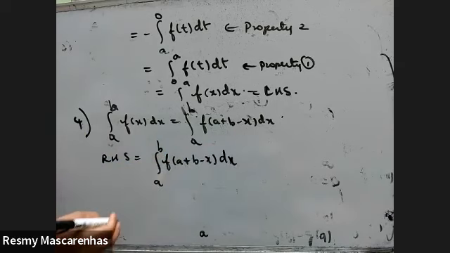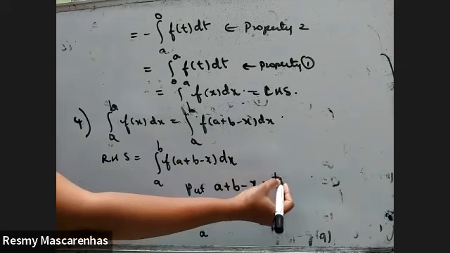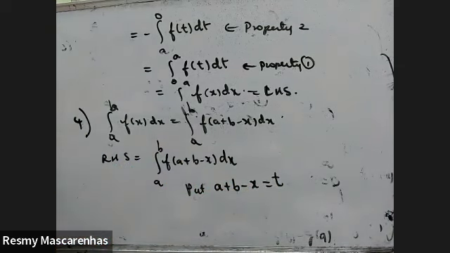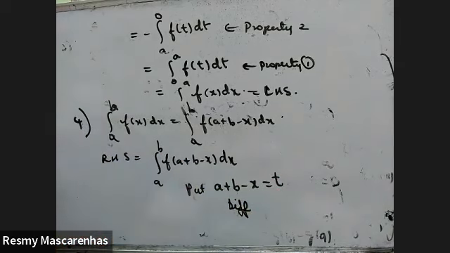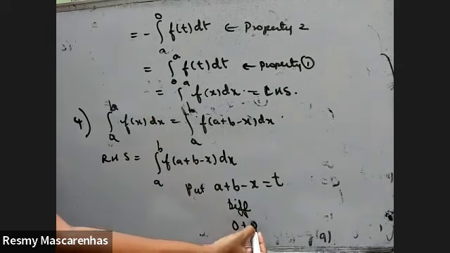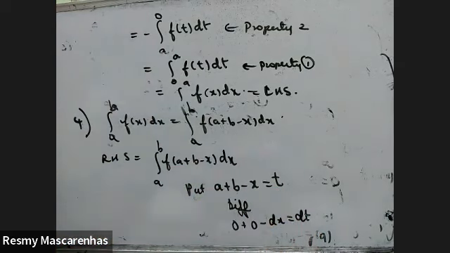Now same like the previous problem, put a plus b minus x equals to t. Now differentiate. So derivative of a is 0, derivative of b is also 0. This is dx and this will be dt. Now I've differentiated, now I have to change the limits.